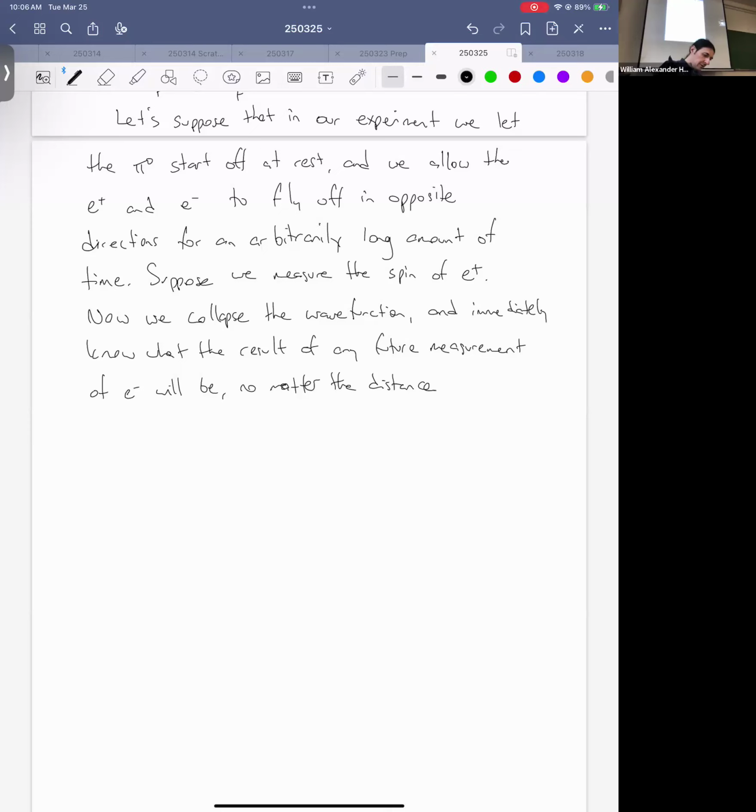If we're asking what is the probability of measuring the E minus having spin down, given that we have measured E plus in the plus direction.